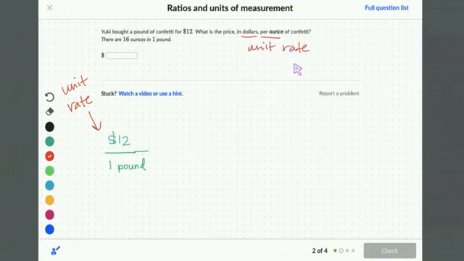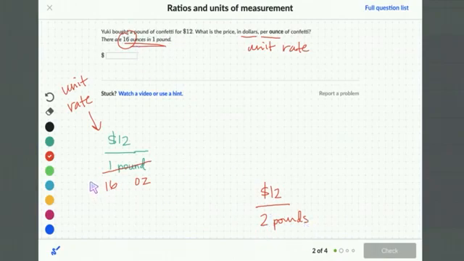How much money per 1 ounce? They told us that there's 16 ounces in 1 pound. So we need to change this 1 pound into ounces. There's 1 pound. So how many ounces is it? 16. Okay? If it was, let's say, $12 for 2 pounds, and there was 16 ounces in 1 pound, that would mean that there's 2 of those 16s, because there's 16 ounces in 1 pound, and you have 2 pounds.